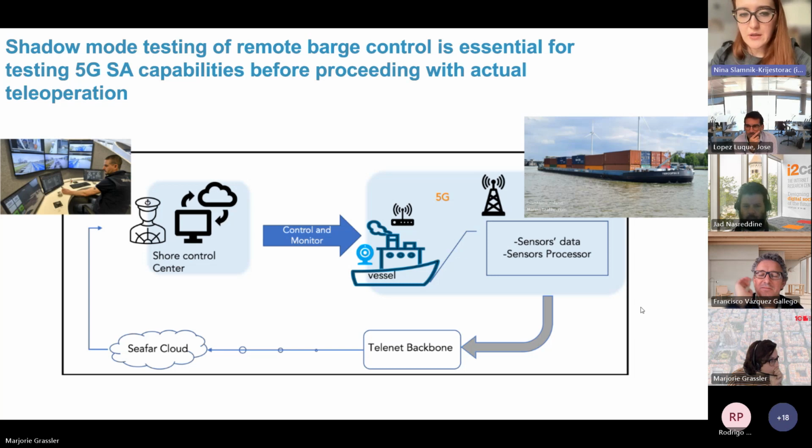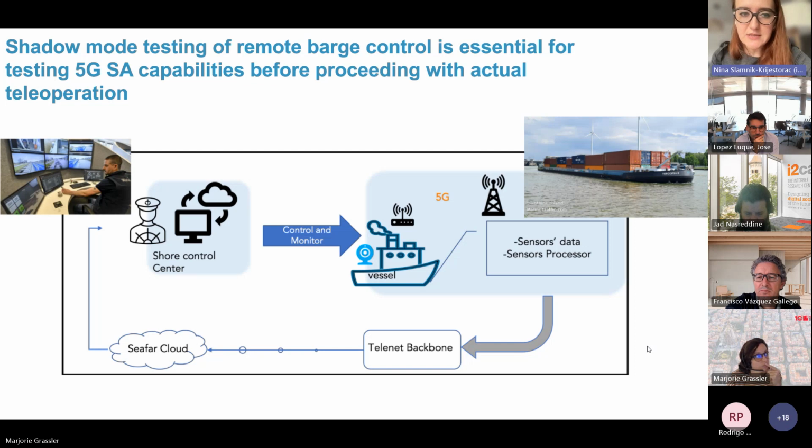They're using 4G in their day-to-day operation, the remote control of the barges. But in this project, they evaluate the capabilities of 5G standalone and non-standalone and compare the robustness of that connectivity, and especially when moving to the cross-border site, to really leverage the 5G seamless connectivity cross-border to do the remote operation in an uninterrupted manner.